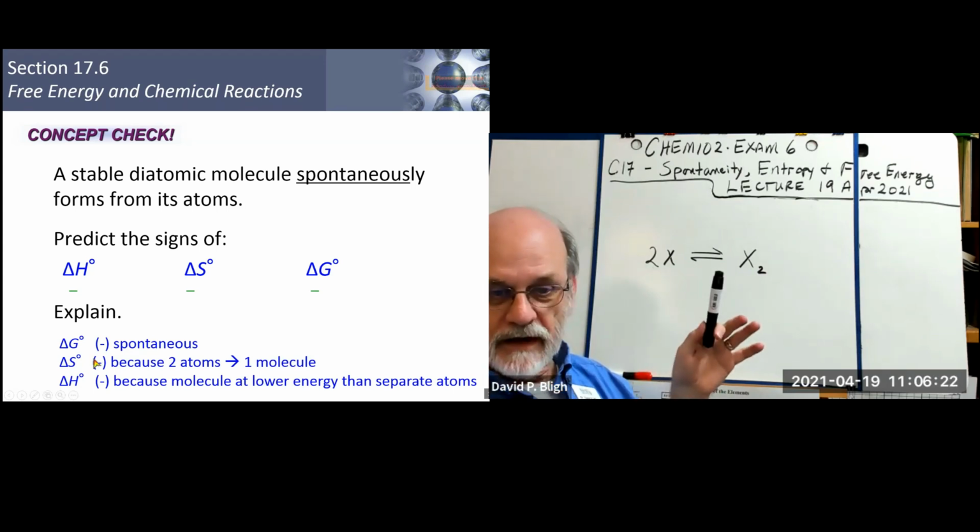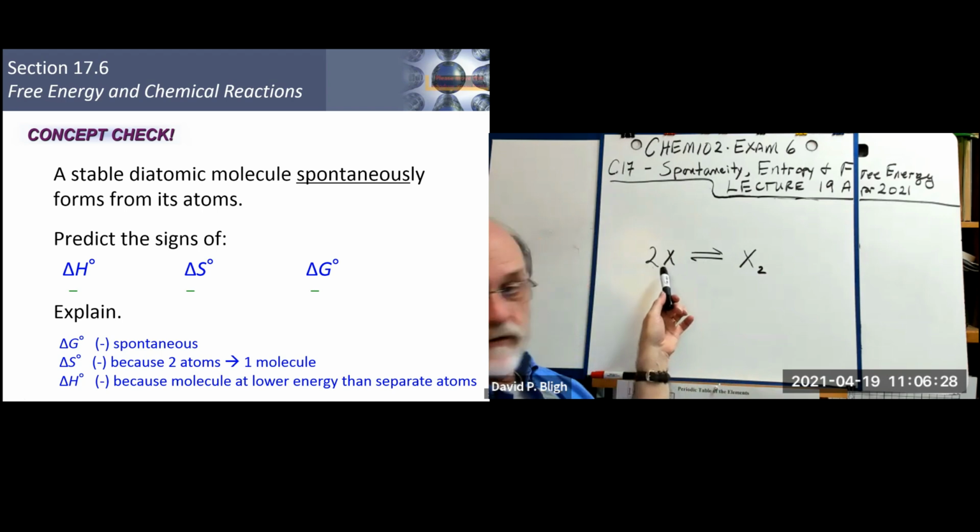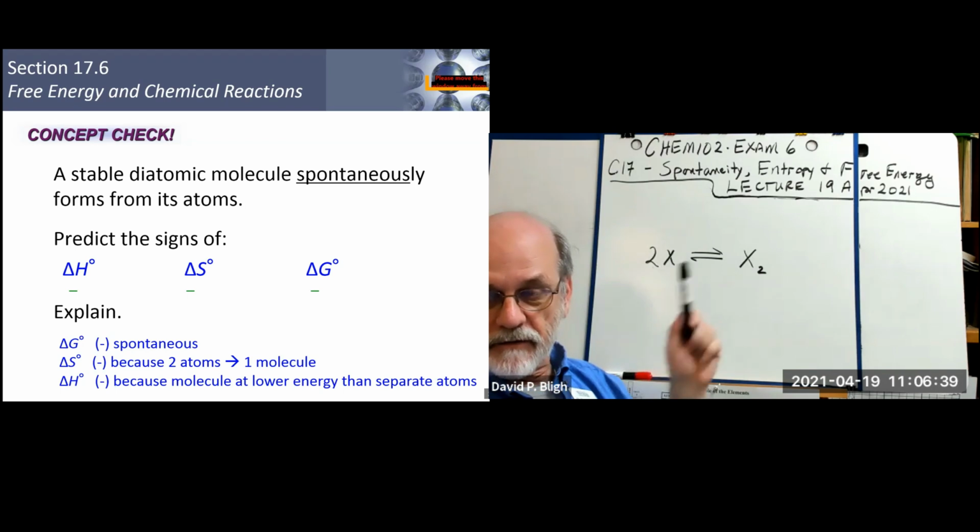Okay, that's true. Delta S, we can look at it in terms of positional entropy. You're going from 2 moles of this to 1 mole of that, right? You're decreasing the number of particles in the same space. So the entropy for the system is decreasing also.